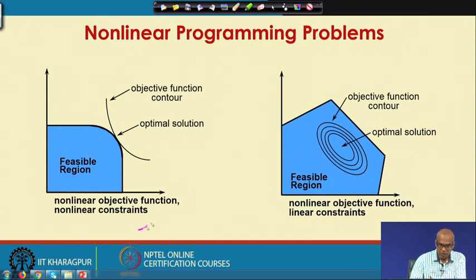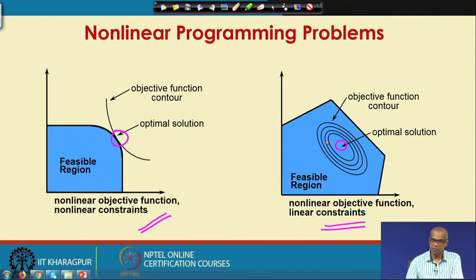So, you can have a situation like this, where you have nonlinear objective function and nonlinear constraints, and the optimal solution is this, let us say. But it is not necessary that the optimal solution will always lie there, as here we have a nonlinear objective function and linear constraints, and maybe the optimal solution is lying well within the feasible region.